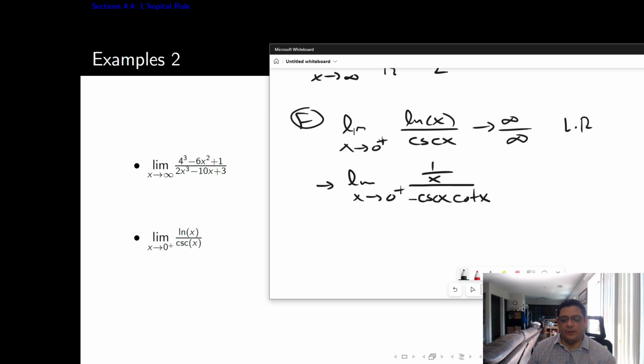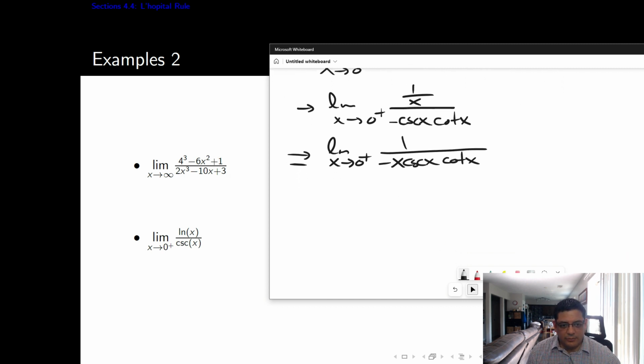So instead what I want to do, and cotangent is cosine over sine, is simply rewrite here. I'm not going to do L'Hopital's rule again, but I'm just going to take the limit when x goes to 0 of 1 over minus x cosecant of x cotangent of x. Okay?